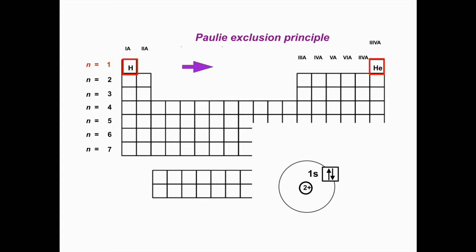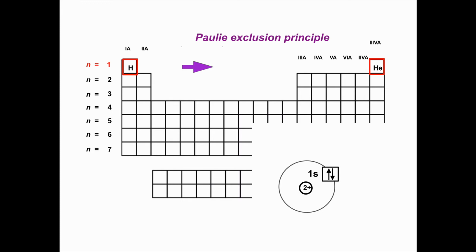This would be the ground state electron configuration for helium. We've got 2 electrons to account for to match up with that positive 2 charge, those 2 protons in the nucleus. And this would be a representation of the ground state electron configuration, the box electron configuration for helium. 2 electrons in the 1s.